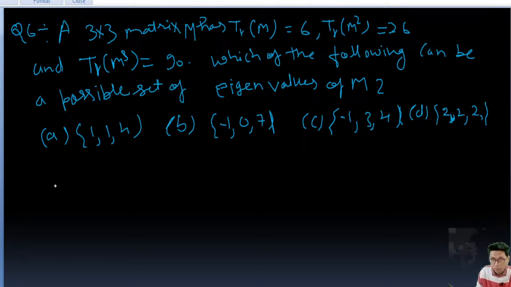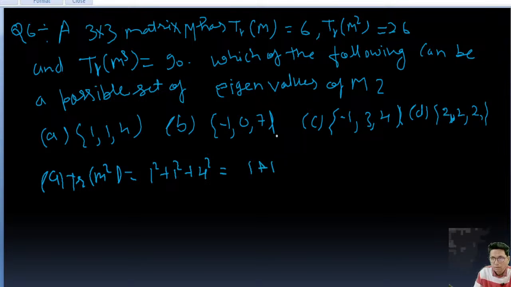Okay, so for option A, trace M square is going to be 1 square plus 1 square plus 4 square. So it is going to be 1 plus 1 plus 16, right?